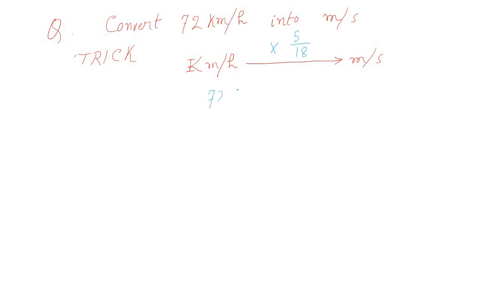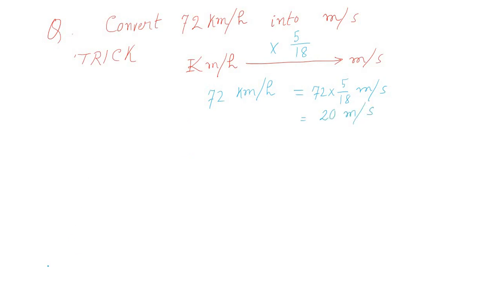Here 72 kilometer per hour is given, so we multiply 72 with 5 by 18, and it becomes 20 meter per second.